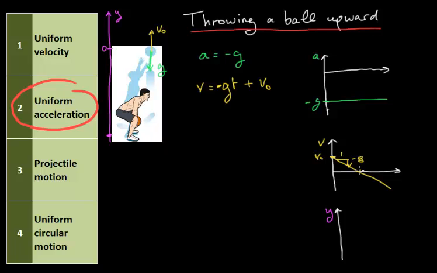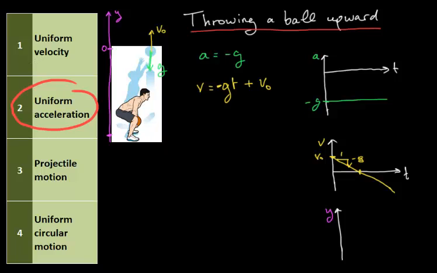And we achieve here 0 velocity, and then the velocity becomes more and more negative, meaning that the motion is downward. That makes sense, right? So we start with a positive velocity, which gets closer and closer to 0. And at some point we reach the top of the trajectory, and then the ball starts going downward with faster and faster speed, like in the situation of free fall. And that's the vt graph that we obtained by deducing it from the at graph.